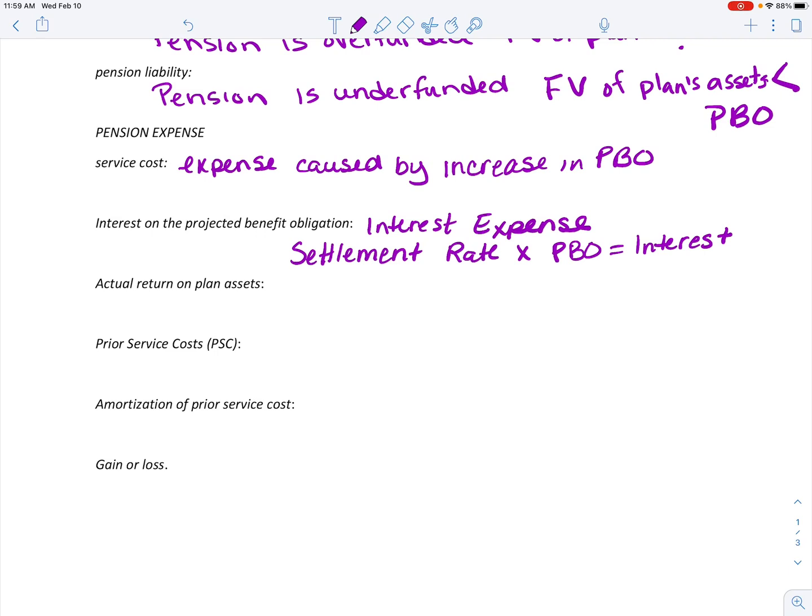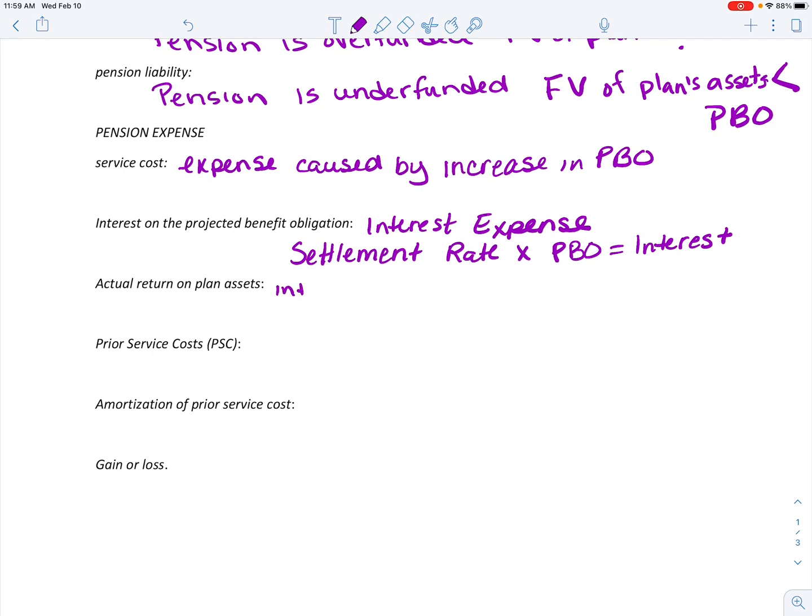Also goes into these factors is your actual return on your plan assets. Remember, all of these contributions are going into a fund for when this employee retires. These monies are invested and they will get a return.